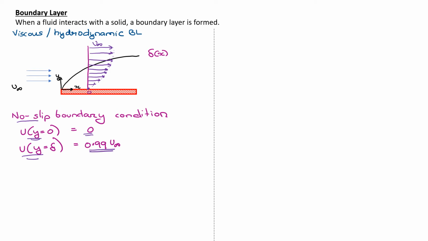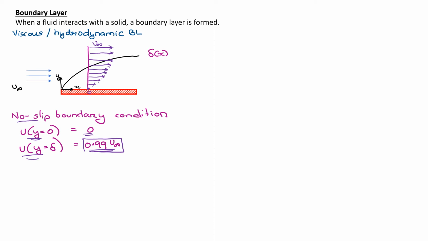So this 0.99 times u infinity may change from textbook to textbook. It might be 0.98 in some or 0.99 in some, but it's usually considered 0.99. For our textbook, the definition is 0.99 times u infinity, so we'll stick to that.